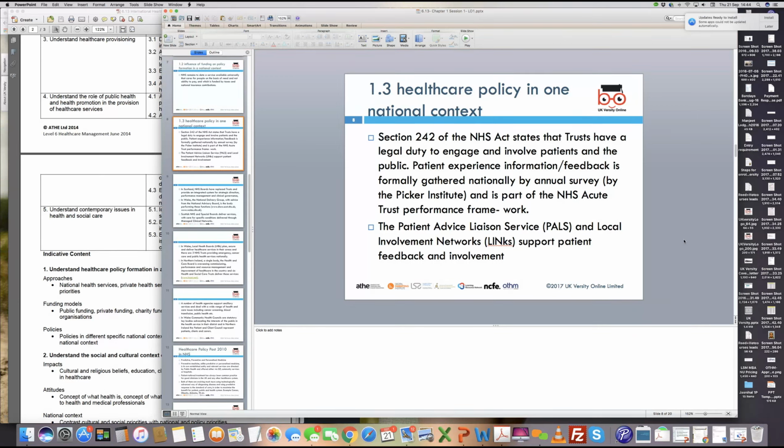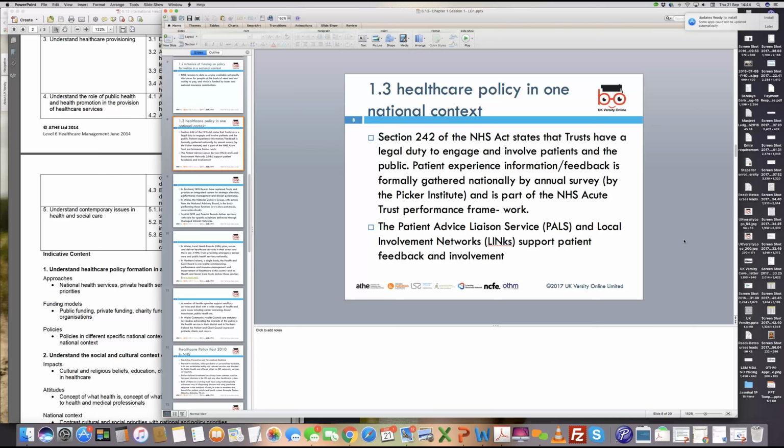So this data is picked up by the Picker Institute, an organization which works within the NHS but also picks up vital pieces of information, and then they do surveys. This is the end result of feedback from patients saying that I do get the service, but the service is not meeting the benchmark or criteria set.